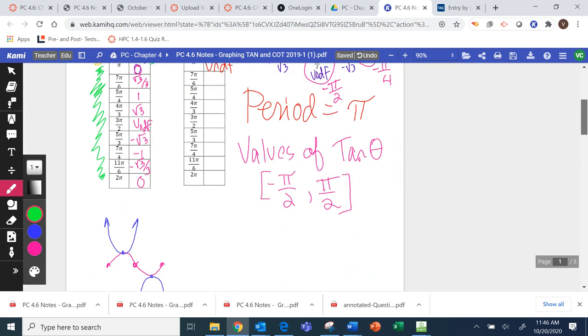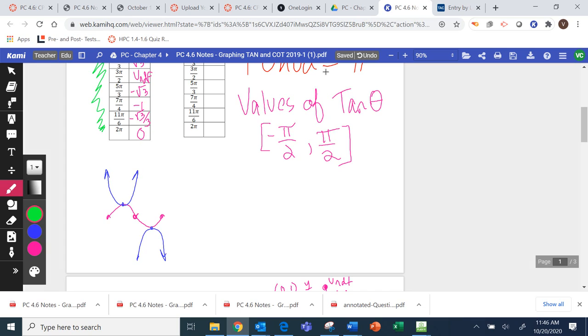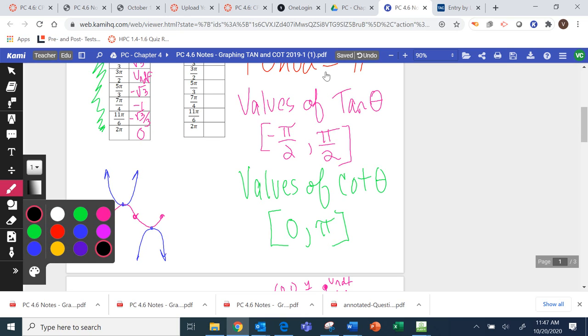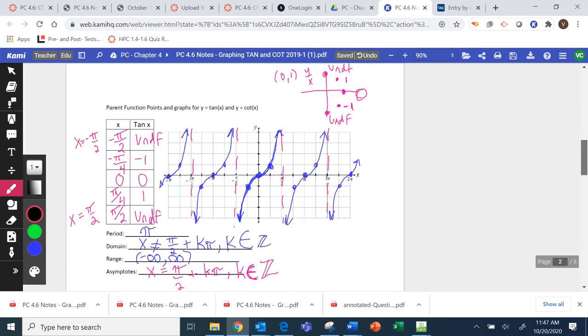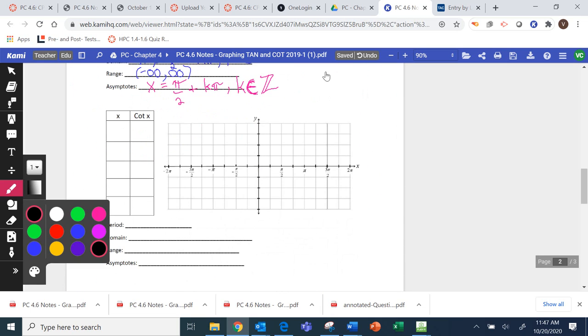So the values of cotangent theta, I'm going to be using 0 to pi in my table. So 0 to pi, right in the middle is pi over 2.